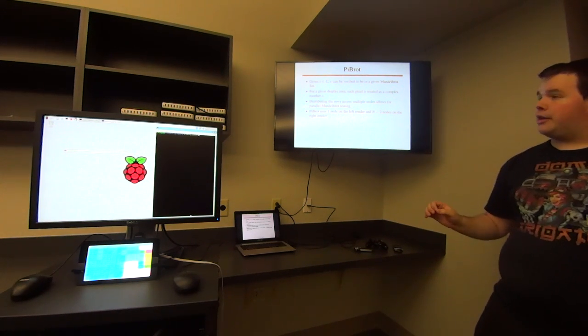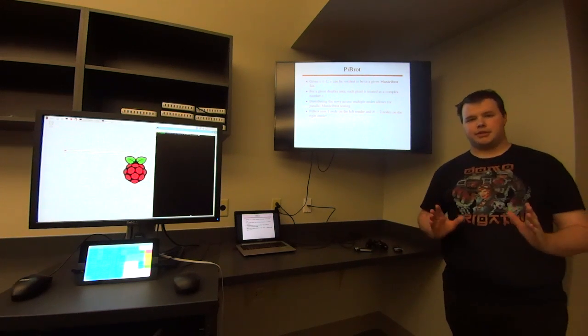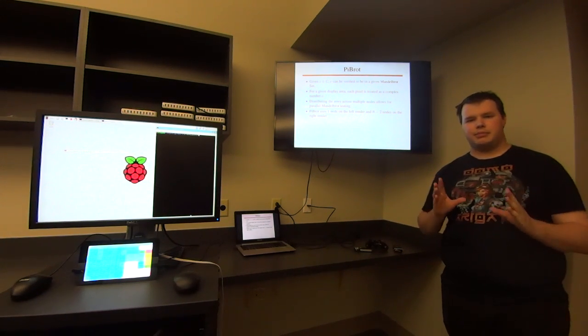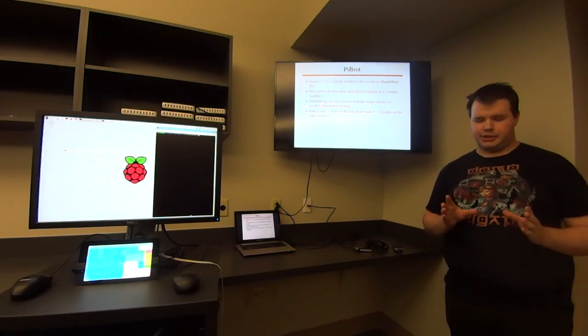So what Pybot does is it will take one worker node and put it on the left side of the screen and tell it to test the Mandelbrot membership of a given region.